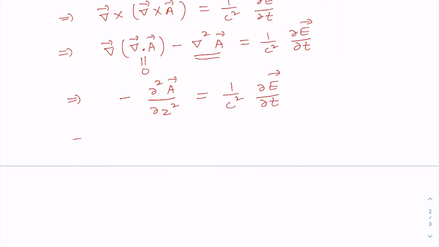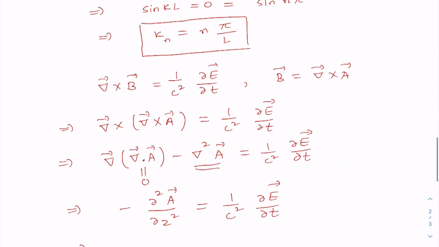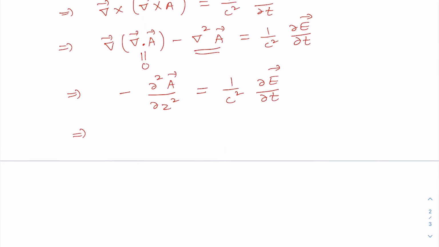And also you see that because we have already taken A to be like this, from here I can immediately write that this would be k squared A is equal to 1 by c square del E del t.